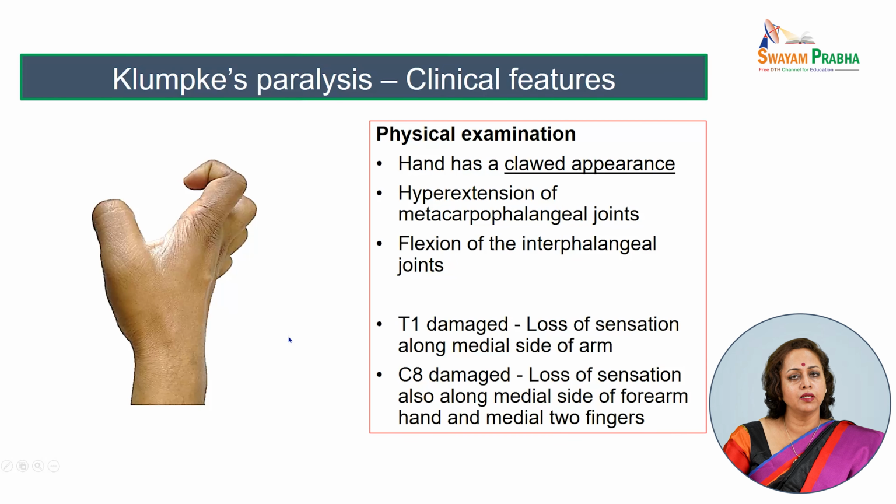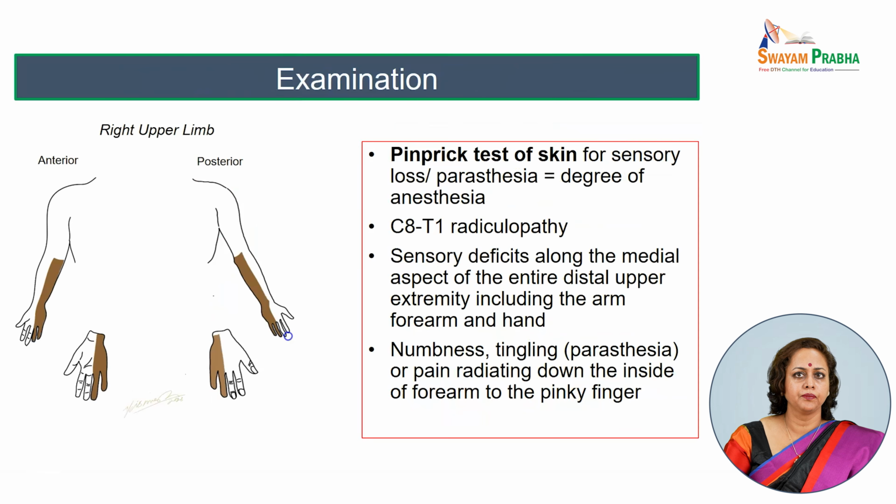That means the ring finger and the little finger. When you do a pinprick test for skin sensory deficits, you will find there's paresthesias and a degree of anesthesia. So that's called a C8 T1 radiculopathy.